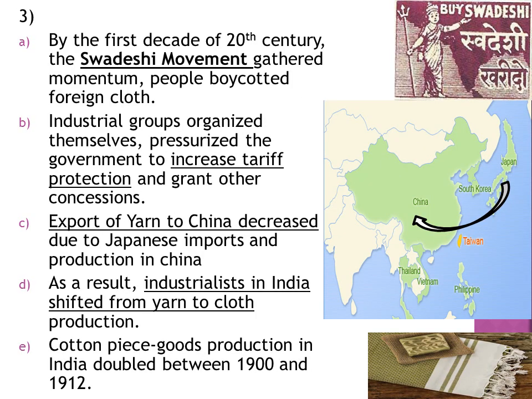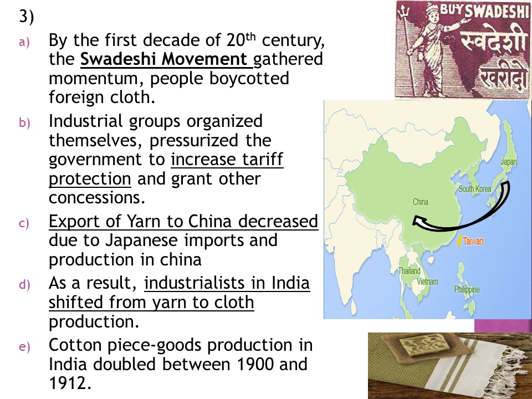Then children, due to partition of Bengal in 1905, people were very unhappy with the British rule and Swadeshi movement started gaining momentum. That means people started boycotting foreign cloth. Moreover, industrial groups in India were pressurizing the British government in India to increase tariff protection. Now what does this mean?